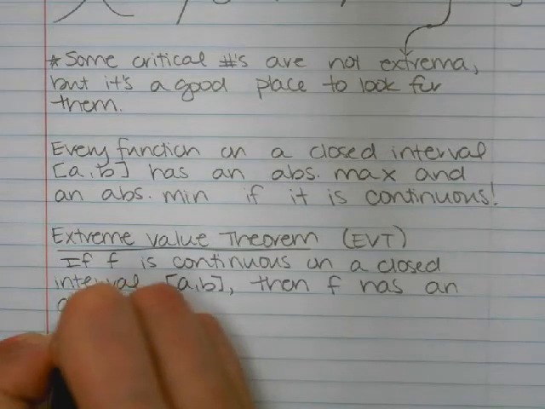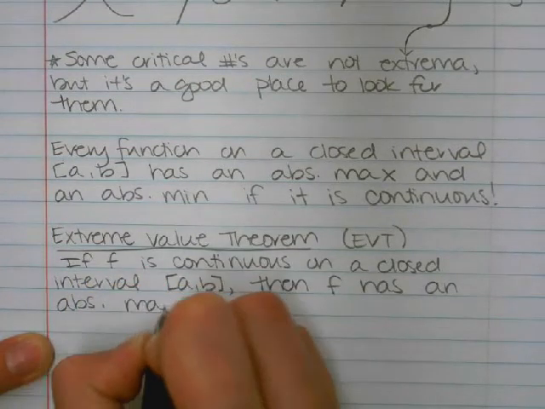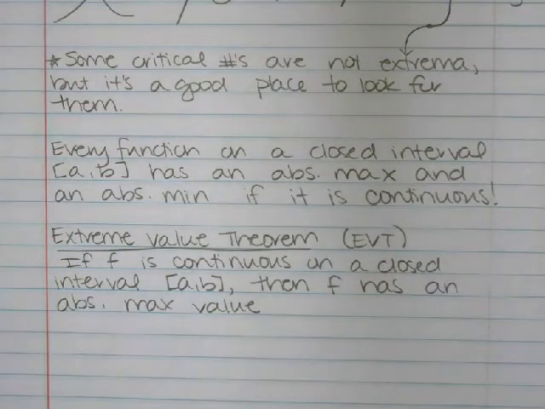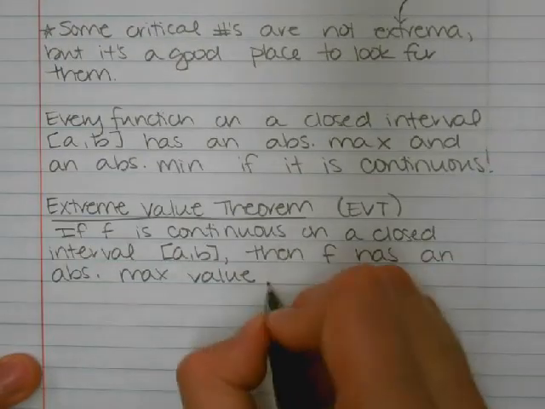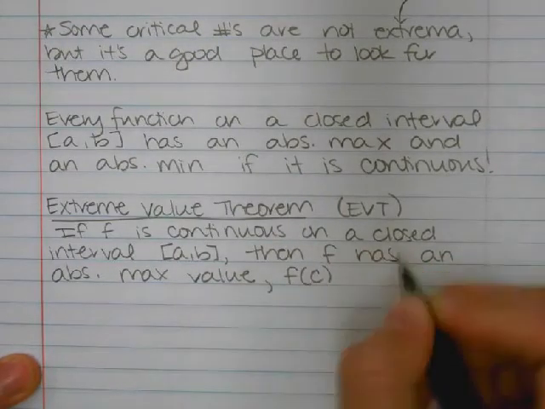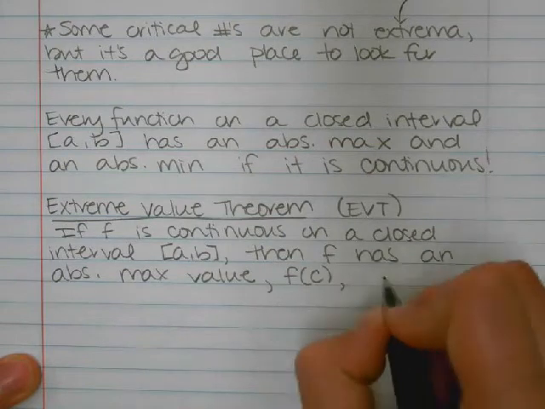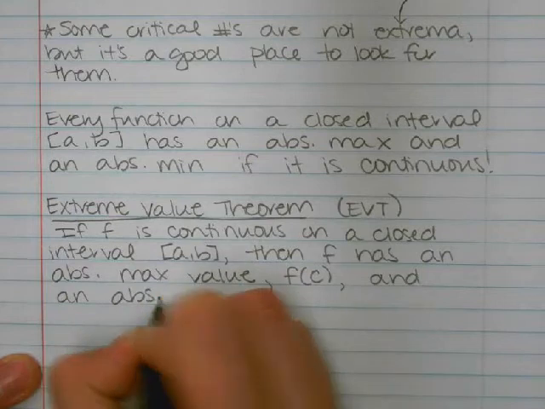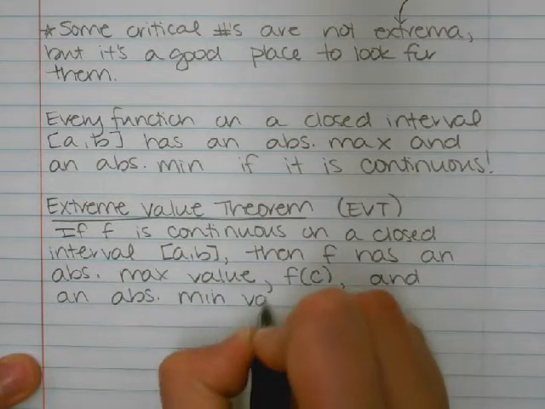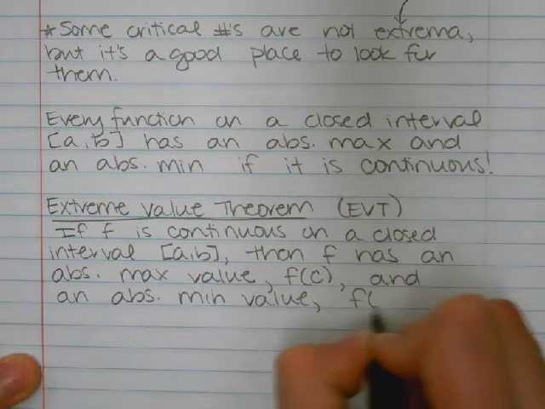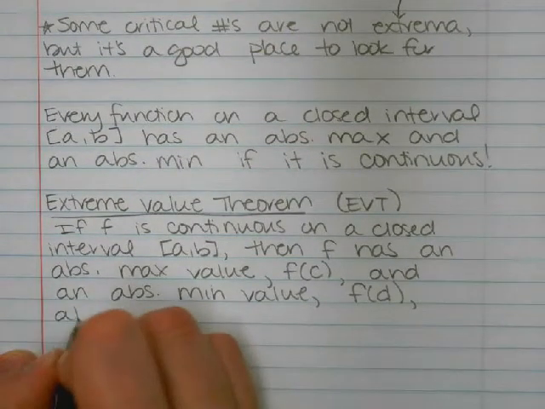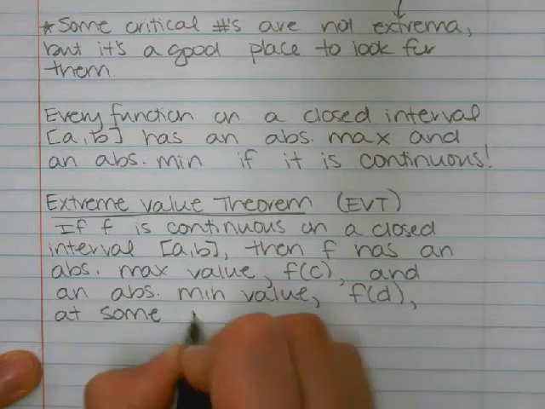an absolute max value, and since we're talking absolute max value, we're talking about a y-coordinate here. So it has an absolute max value, f of c, and an absolute min value, f of d, at some c and d.